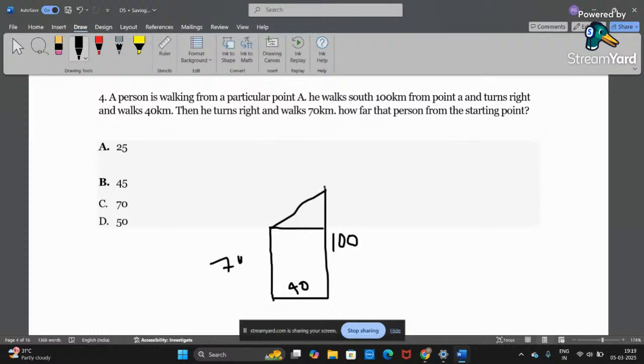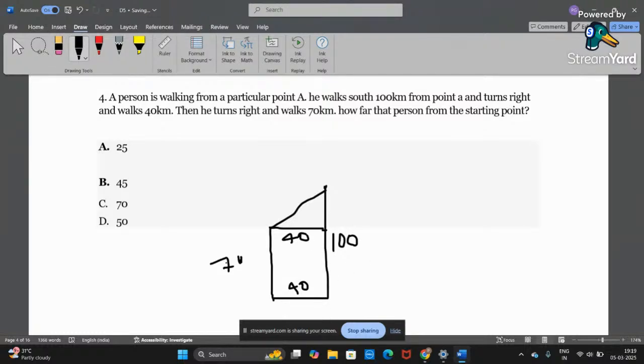From here, his starting point is here, right? From here to here, we need to find the answer. So for that, first we need to find this distance and this distance. So here it is 40, then even here also it will be 40. The full distance traveling south from the particular point is 100 kilometer, right?